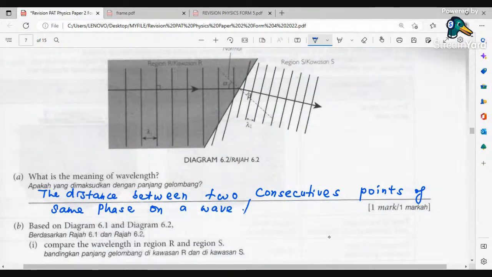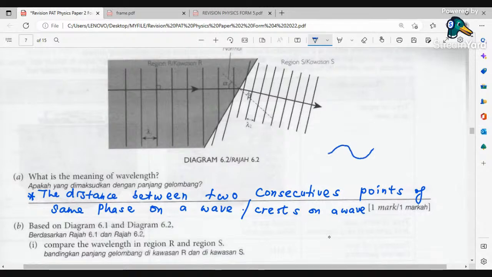Okay, ini satu. Ataupun distance between two consecutive, apa dia nak tambah? Consecutive crest on a wave. Or trough on a wave. Okay. General boleh ambil yang ni lah. Consecutive points of same phase on a wave.